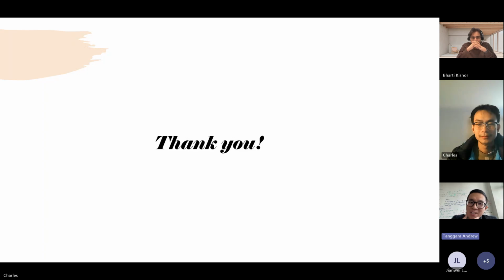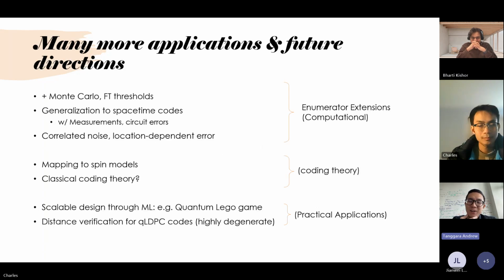Since you mentioned generalizing it to space-time codes, I'm wondering if you could just generally do this weight enumerator on circuit-level noise, right? If you have an n-qubit code and circuit depth k, then you enumerate over these nk-qubit Paulis.